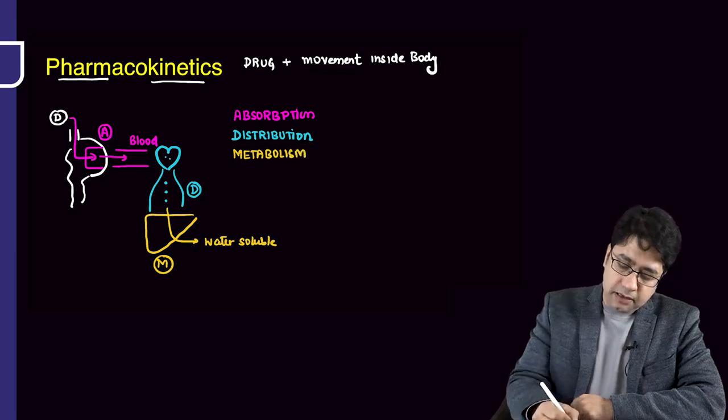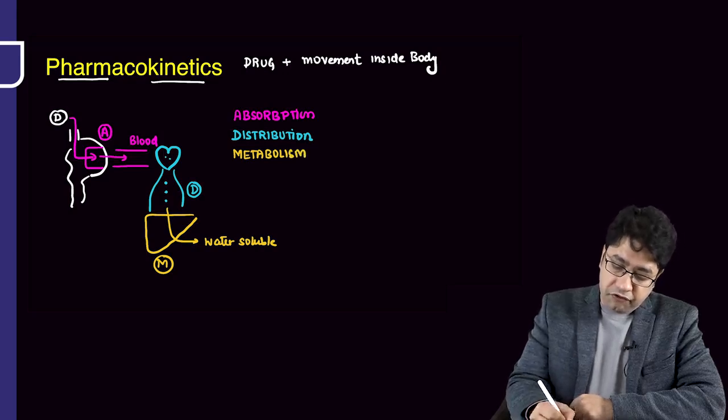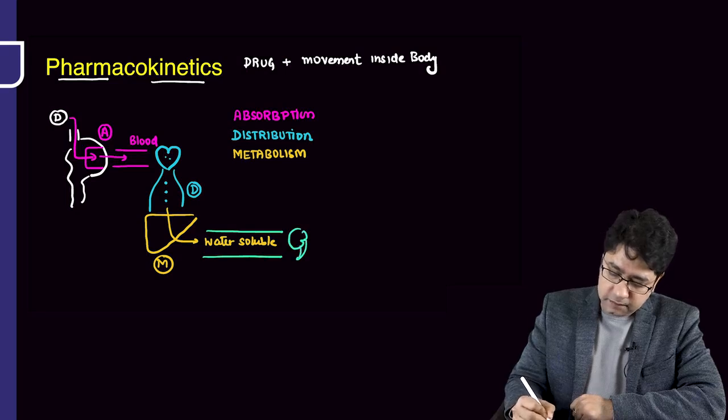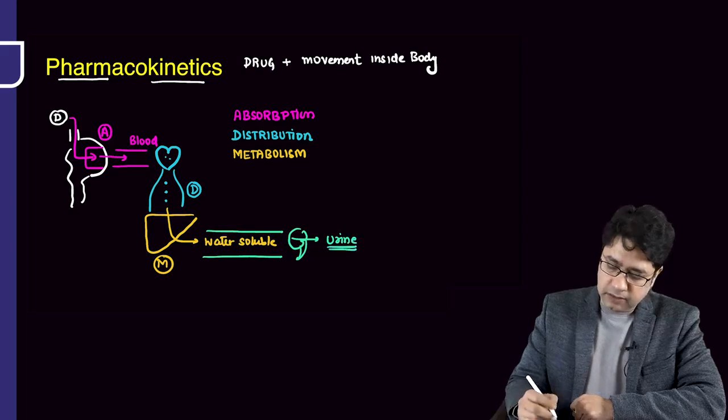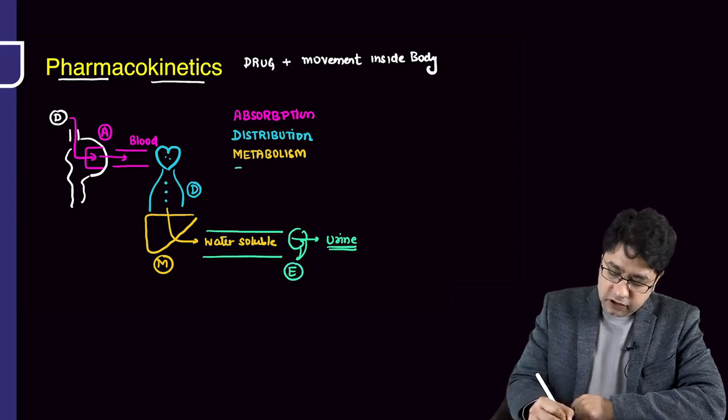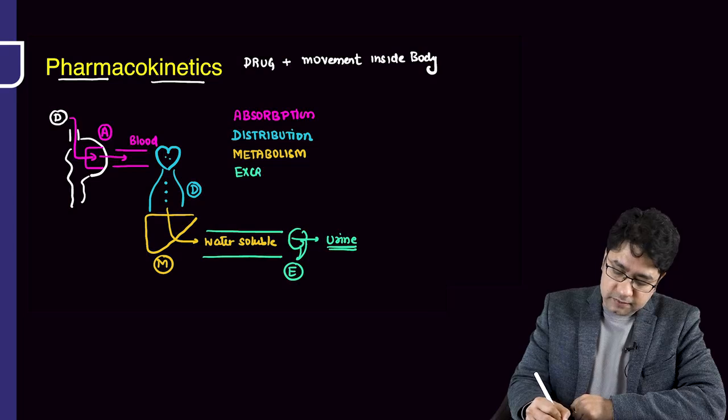Now if the drug becomes water soluble, finally this drug will be removed in body secretions like urine, and the drug gets removed out of the body, and this step is known as E. E stands for excretion of the drug.